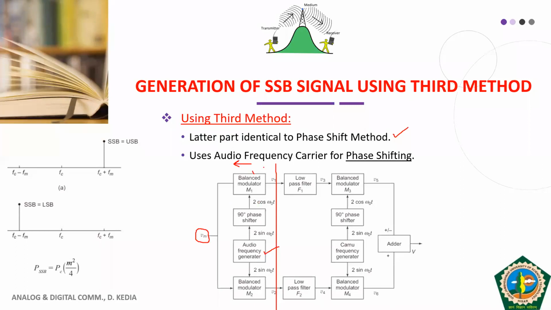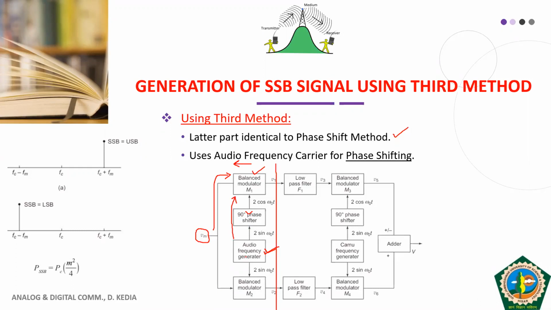We have balanced modulator 1, which requires two signals: one is your modulating signal and another is the carrier. In the first half we are using the modulating signal, and the carrier is not the RF carrier, we are using the audio frequency carrier. Balanced modulator 1 receives the modulating signal directly and receives the audio frequency carrier after 90-degree phase shift.